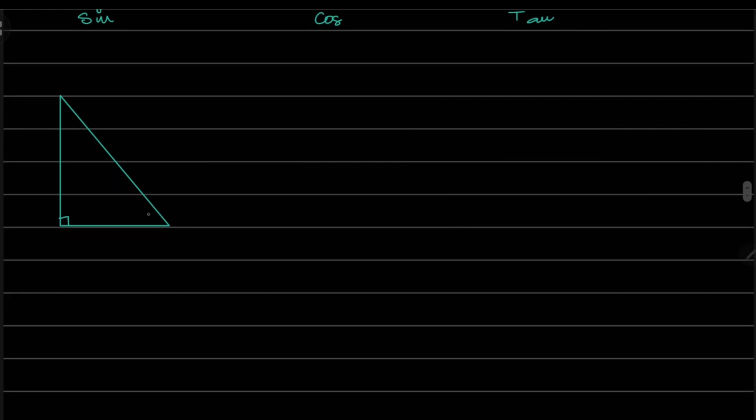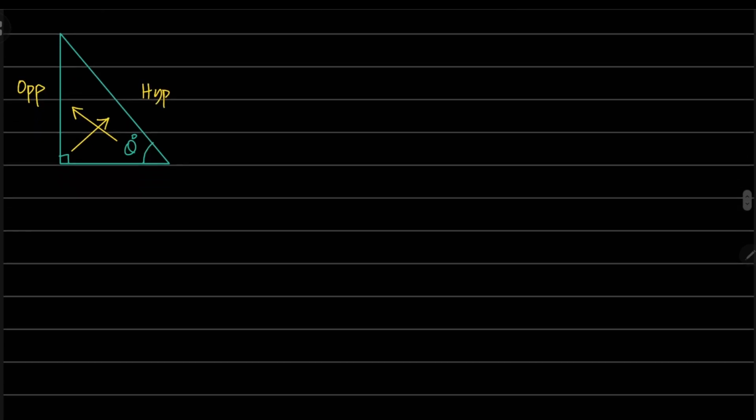Alright, now let's suppose this is the angle theta. Alright, and this is once again the hypotenuse side. Alright, now the side which is opposite to the angle in the question will be called your opposite side, or the perpendicular side, which we did earlier on.